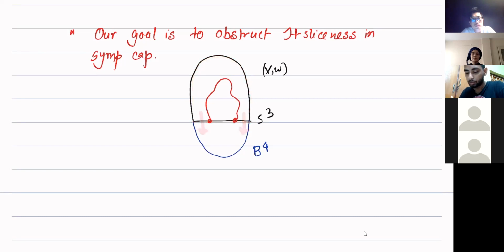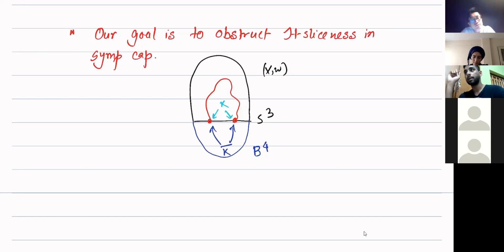If I think of this knot K in S3, then once I think of S3 as a boundary of B4, that puts a reverse orientation on S3. In particular, from the bottom, when I see the knot, this becomes the mirror knot. So this becomes K bar. Okay, all right.